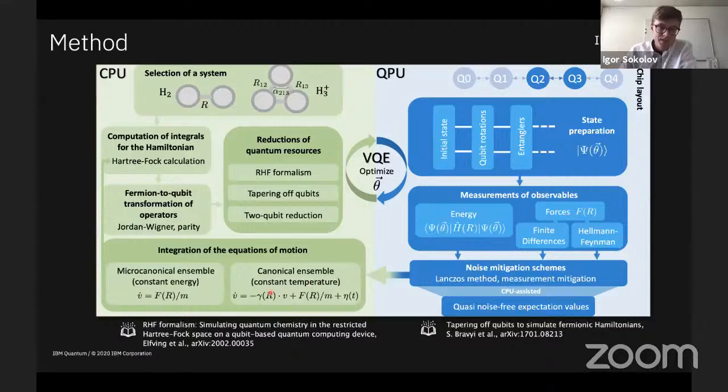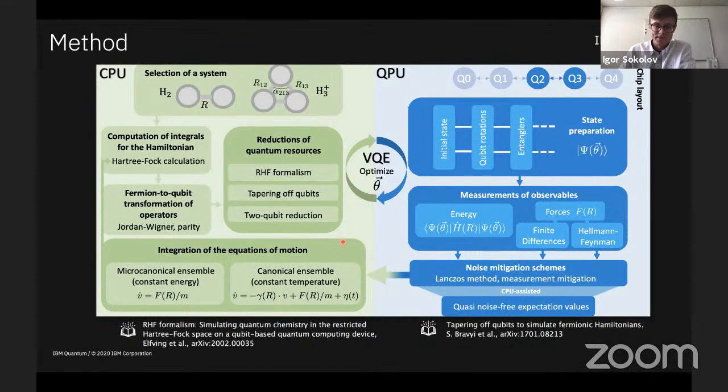Then we have a choice of which equation of motion we integrate, the Newton equation of motion or the Langevin one, depending on whether we want to conserve the energy or the temperature. In the VQE, of course, we repeat this procedure every time we change the geometry with the equation of motion. By computing the accelerations, we need to recompute the Pauli strings, recompute the ground state, and iterate in a loop like this.